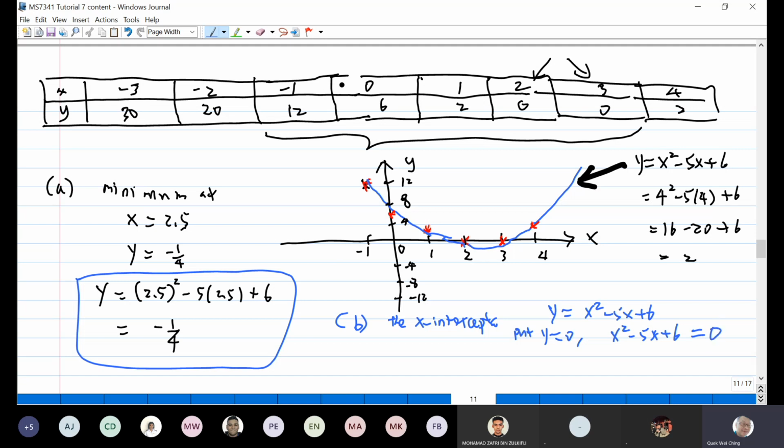Because where is y equal to 0? Y equal to 0 is the x-axis. So this line here is y equal to 0. Let me go back.